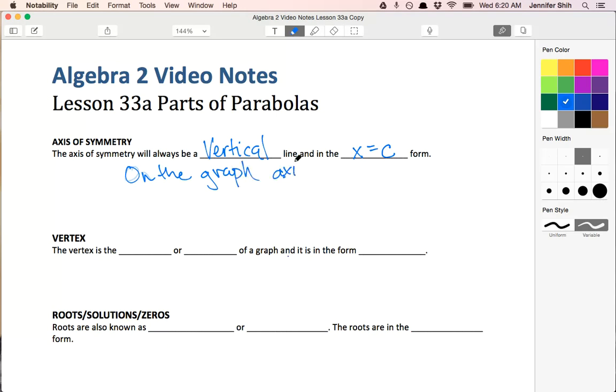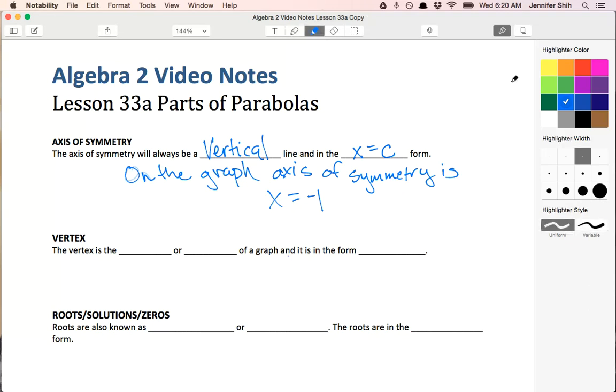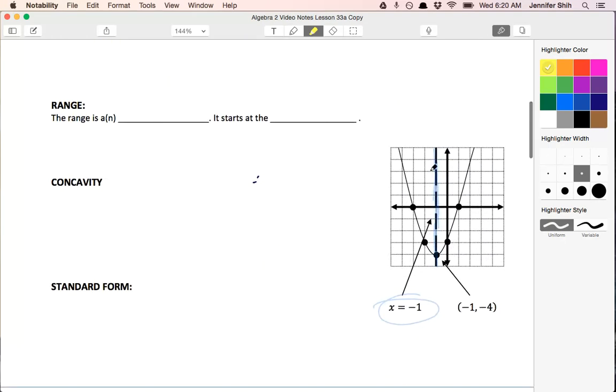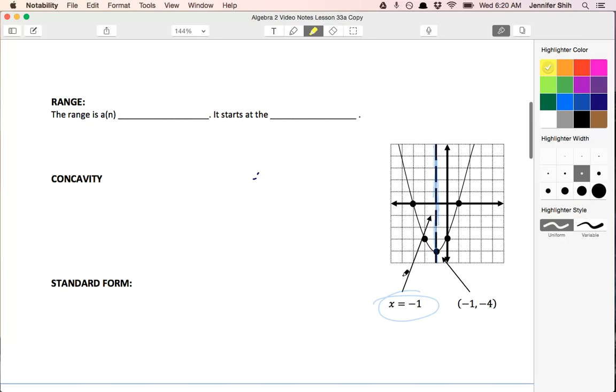The axis of symmetry is x is equal to -1. So in your notes, you should have axis of symmetry written down, and then you should also have this sentence with these notes next to it, and then you should have your parabola identified with the axis of symmetry. In this case, I made it blue, and I circled it, and you should say axis of symmetry.